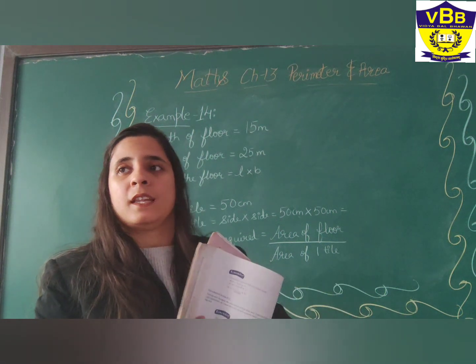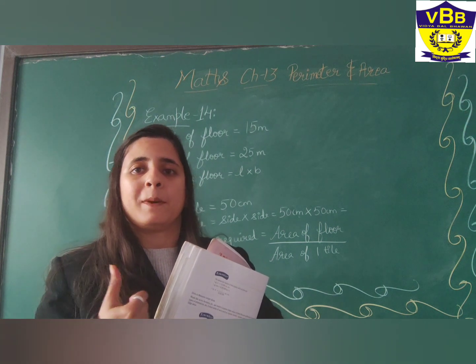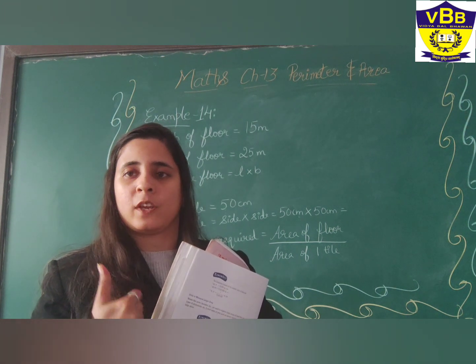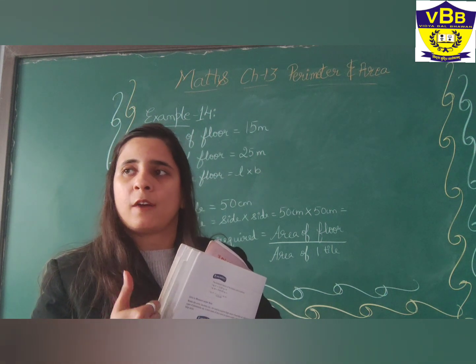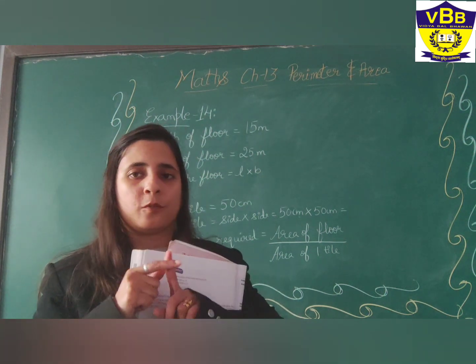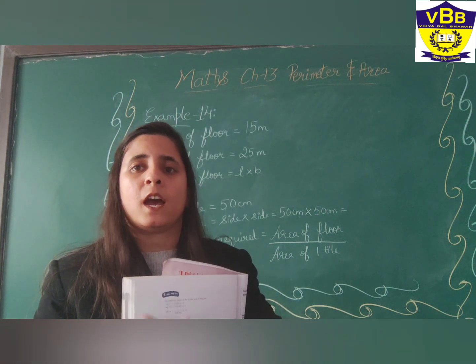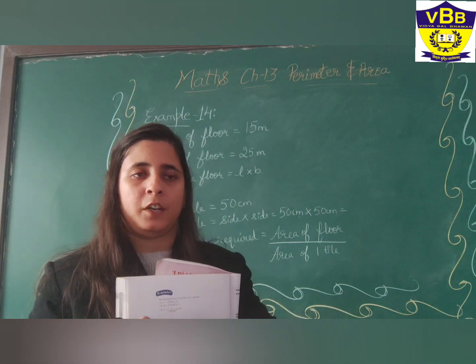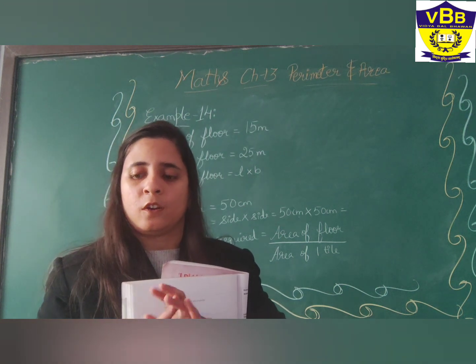That means the room is in the rectangular shape, right? But the tiling which they are doing on the room is of the square shape. You have the dimensions given of the room, the dimensions are given of the tile as well. You need to find how many tiles they needed to put on the floor.